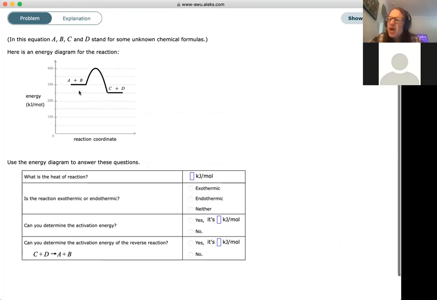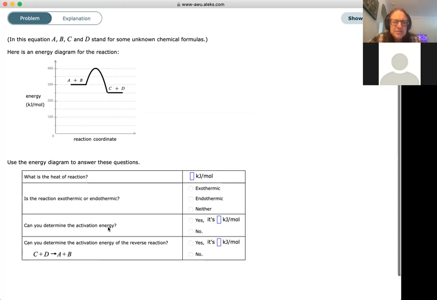Because you do products minus reactants, final minus initial. Products are over here, 250. Reactants, 300. 250 minus 300 is minus 50. Exothermic. If the products are lower in energy, that's an exothermic process. If the products are higher in energy, so let's say it went like this, and then came out over here, that would be endothermic because now you'd have 350 for your products.